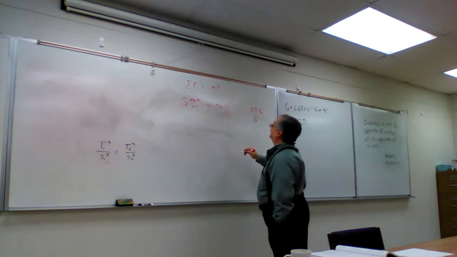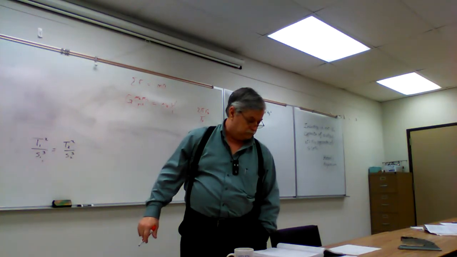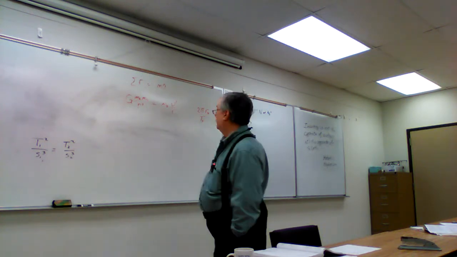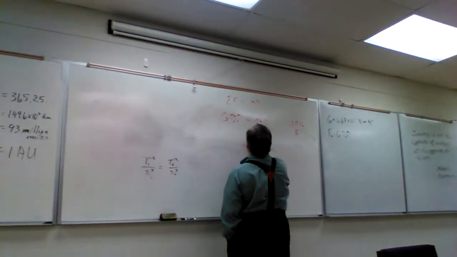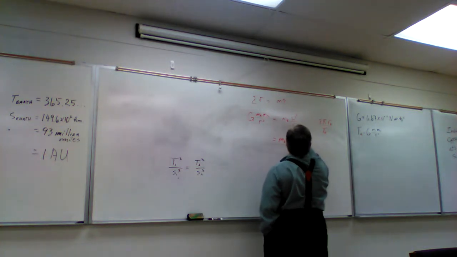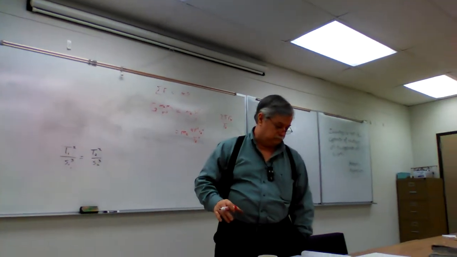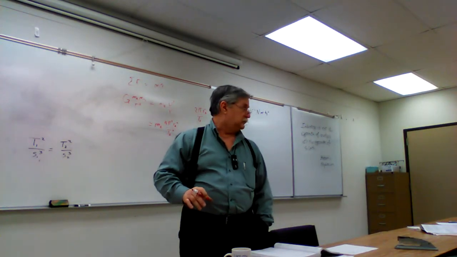Well, we can plug that in here. And we've got mass of the Earth times 4 pi squared, radius of the Earth squared, divided by the period of the Earth squared. Say again?